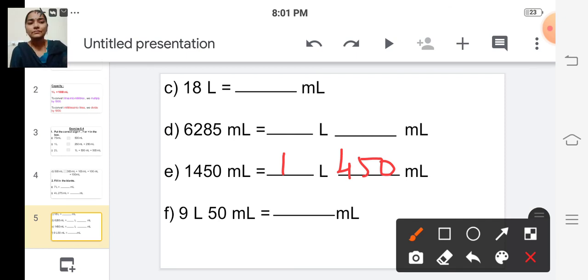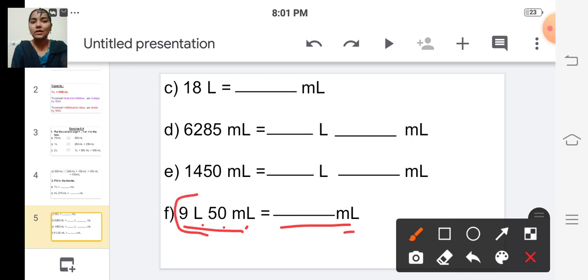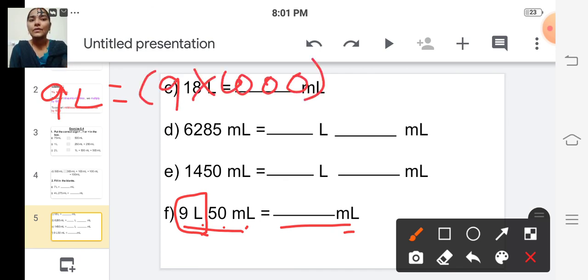Children, the next one is 9 liter 50 milliliter is equal to dash milliliter. So we are going to convert this into milliliters only. First step, we have to convert this liter into milliliter. How to convert? By multiplying by 1000, right? So 9 liter is equal to 9 into 1000 milliliter, which is equal to 9000 milliliter.